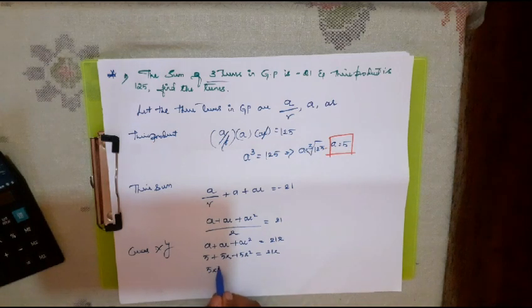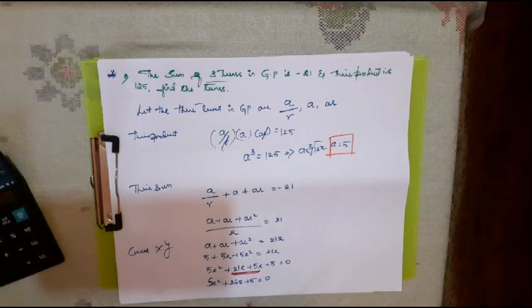So 5R square plus 21 plus 5 we have, so I'm writing it directly, 26R plus 5 is equal to 0. We are adding this, so 5R square plus 26R plus 5 is equal to 0.